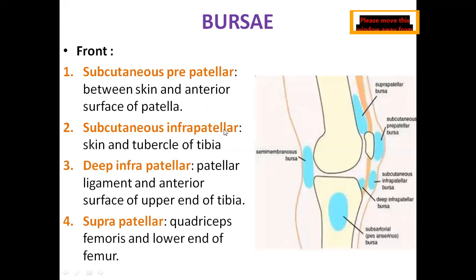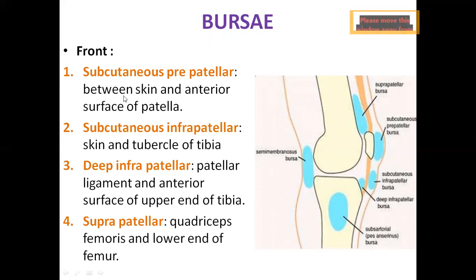Now, bursae around the knee joint itself can be a 3-mark or 5-mark question. Basically, bursae are nothing but extensions of synovial membrane which are filled with synovial fluid. They extend wherever there is a lot of friction, and they give lubrication so that friction is prevented and movement is smooth.